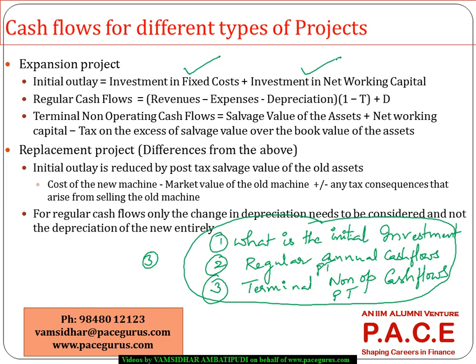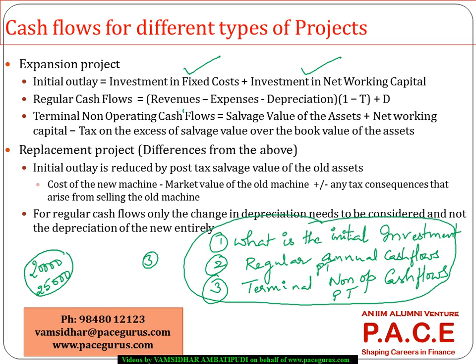If that change is positive, it means I definitely require additional financing, so it becomes a cash outflow. But if it is negative, it becomes a cash inflow. Say last year the current assets were 20,000 and now they are 25,000.